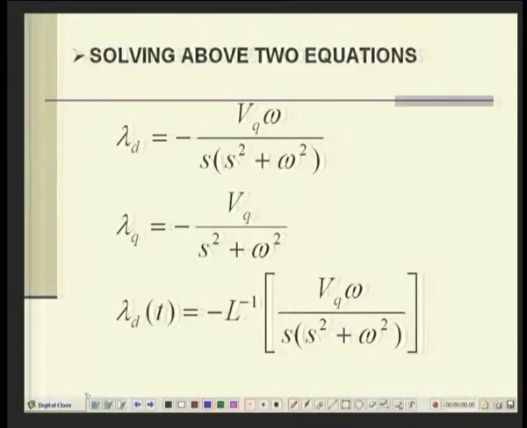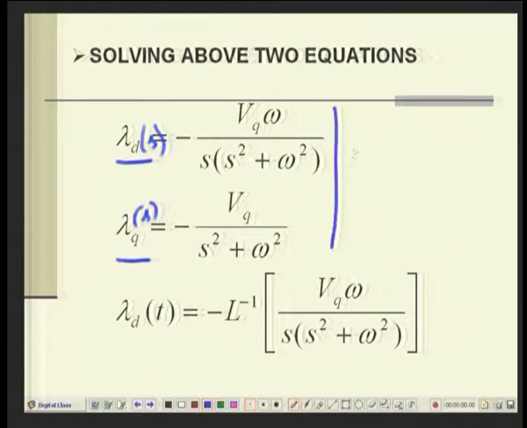So, we have two equations, two differential equations, linear and with fixed quantities. Okay. Now, you have to solve the Laplace equation. So, you have a lambda d lambda q, okay, as a function of S, agreed, just solving.